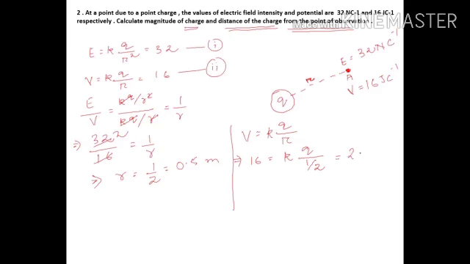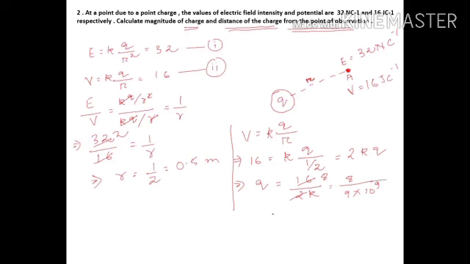So you get something like this, 2KQ. So for finding out Q, you do the simplification, divided by 8, so it comes out to be 9 into 10 to the power 9.